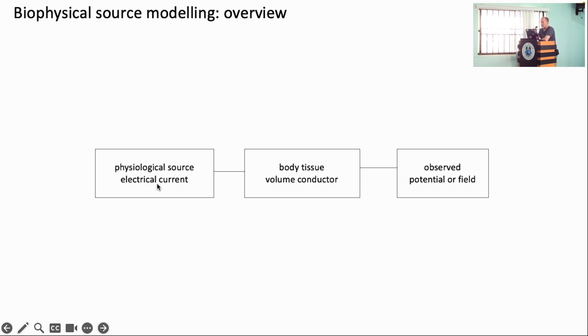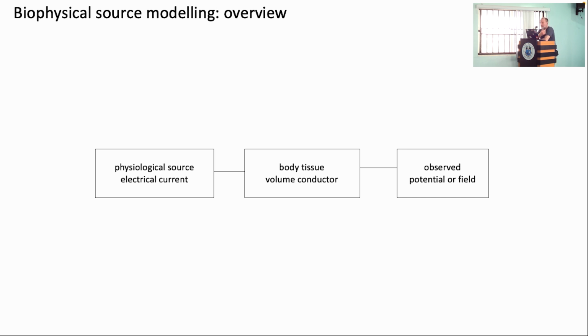We have a source of the currents: an electrical current that is generated by the brain, which is the physiological source. This source produces currents that flow through the body, and we can observe them by placing electrodes on the outside of the head. We see this as an EEG potential, or in the case of MEG, as a small magnetic field.